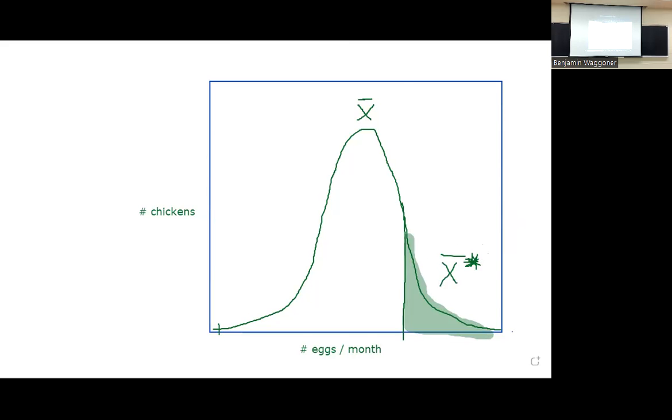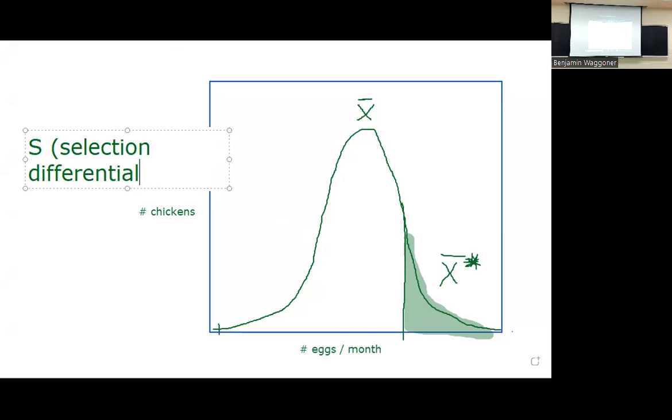All right. The selection differential, I'll even put this in somewhat bigger letters, equals the absolute value of X bar minus X bar star.